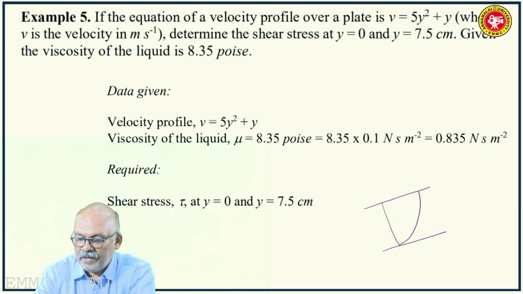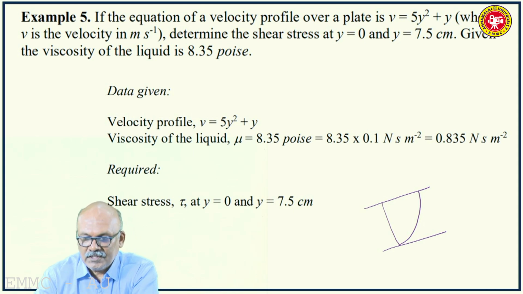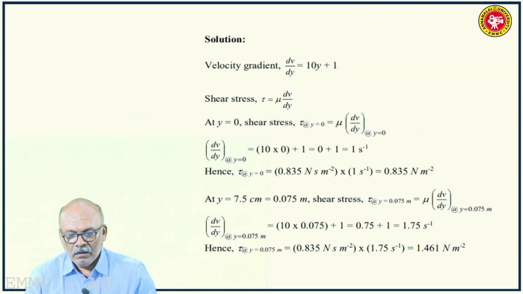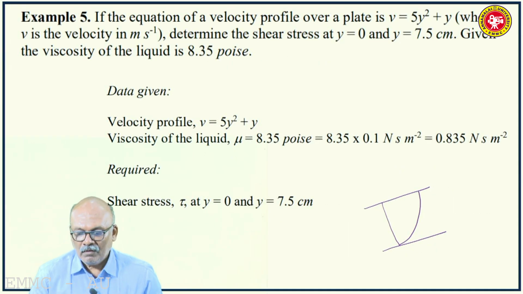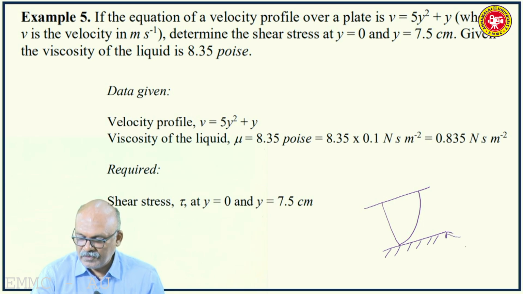V is equal to 5y square plus y, where V is the velocity in meters per second and y is the distance from the bottom plate. Say this bottom plate is fixed, this is fixed plate, this is the moving plate.